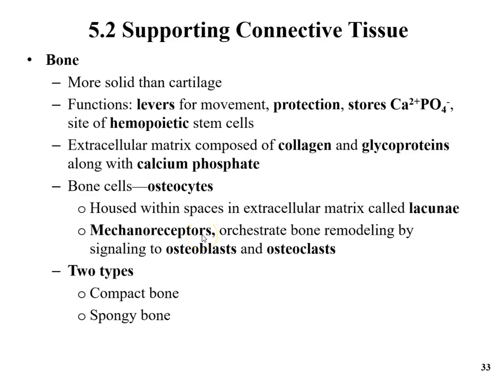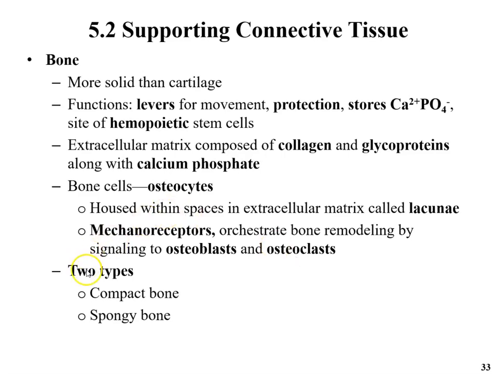So osteoblasts build up bone, and osteoclasts break down bone. And the osteocytes themselves basically signal to these two types of cells saying, hey, we need more bone growth in this area, or hey, we need to break down a little bit of bone in this area.